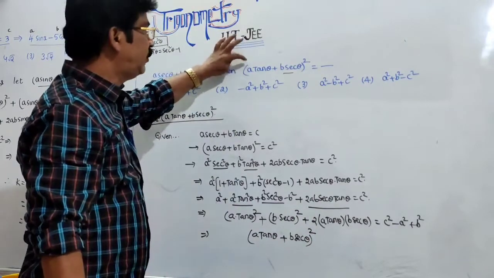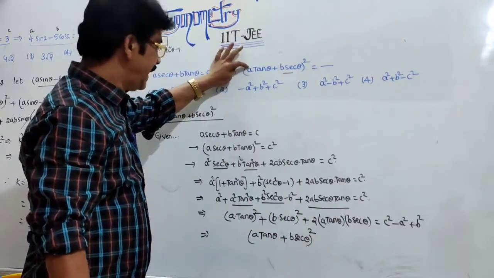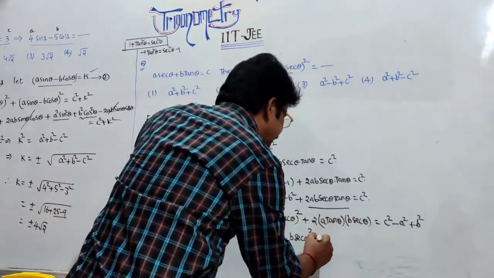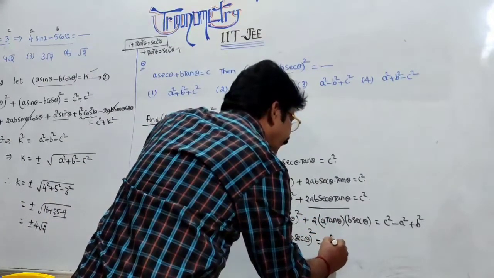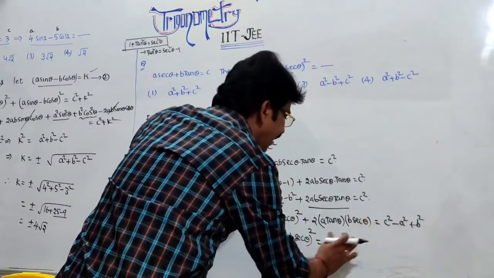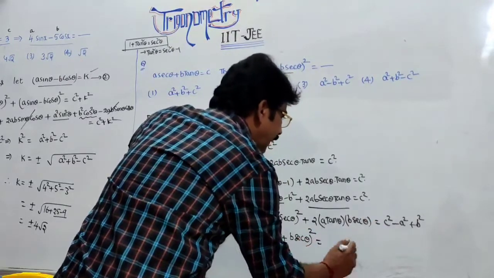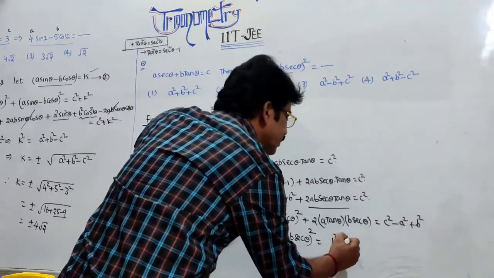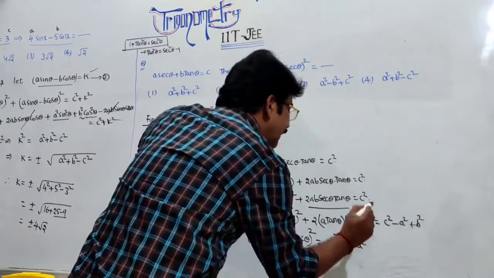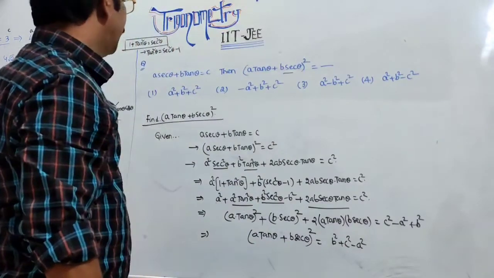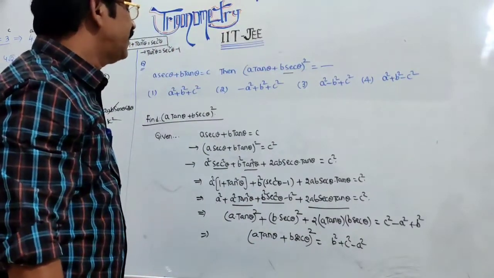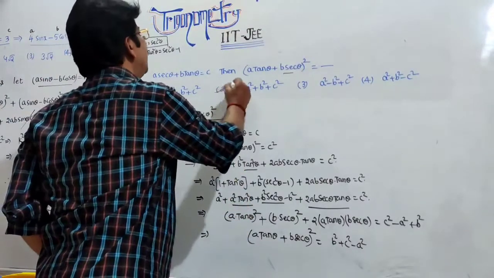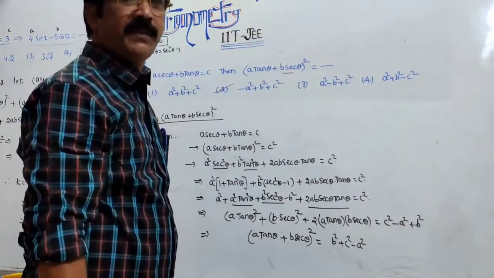We are obtaining (a tan theta plus b secant theta) whole square equal to c square plus... I will put it in alphabetical order, first positive values: b square plus c square minus a square. So out of 4 options, where is b square plus c square minus a square? It is in the second option. Hence, the problem is over.